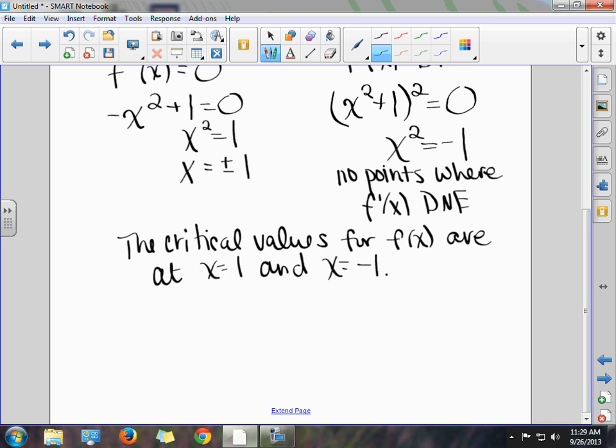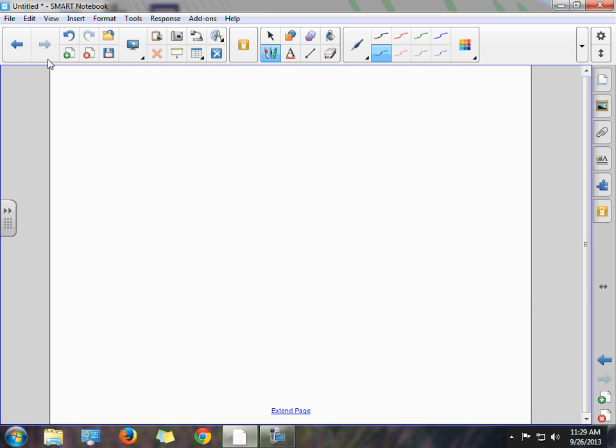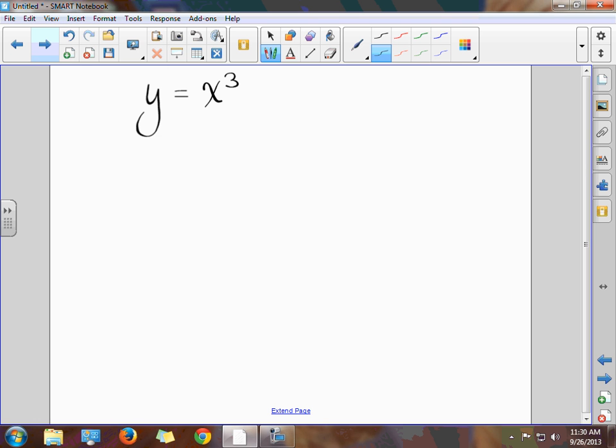So now let's talk about maximums and minimums. Let's try to find all the maximum and minimum values on a closed interval. Let's take a look at this equation: y is equal to x cubed minus 6x squared plus 8, and we're interested in the interval from 1 to 6.